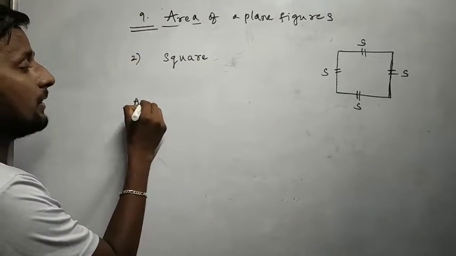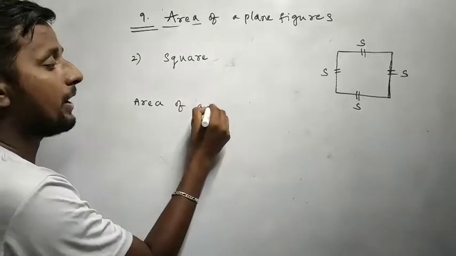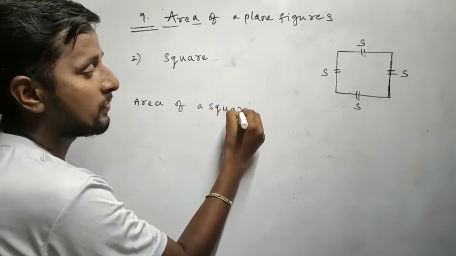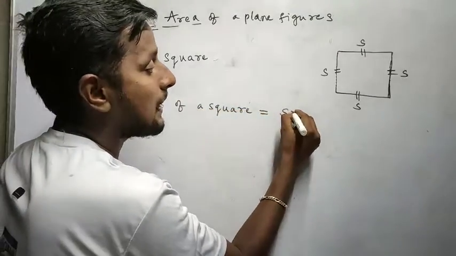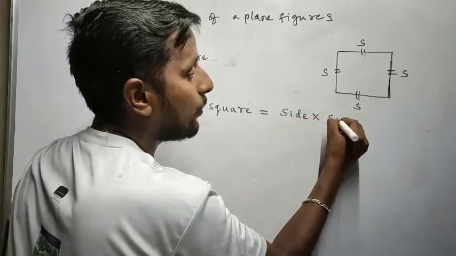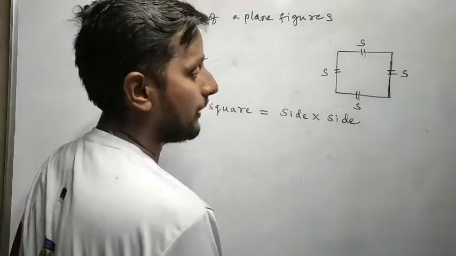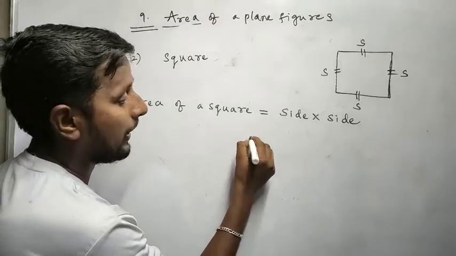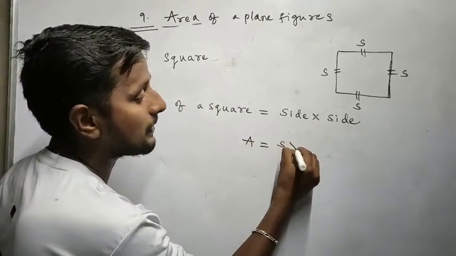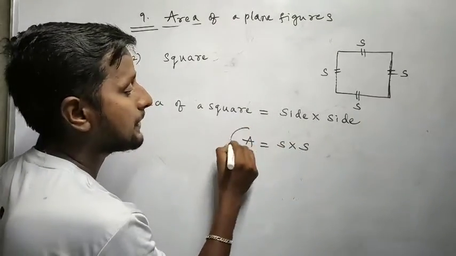So now I'll write area of a square formula: side into side. Area of a square formula is nothing but side into side.